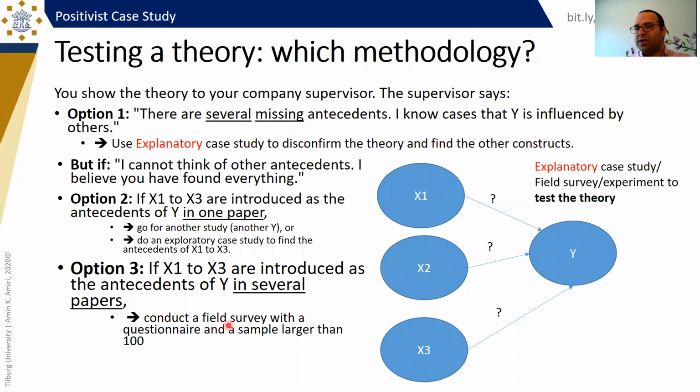So you cannot use explanatory case study because they are already supported in one or two cases. You don't believe that they can be disconfirmed easily with any cases that your company supervisors knows. Your hope is to just find the strengths of the relationship to figure out which antecedents are more important. So then you need to go for a field survey.